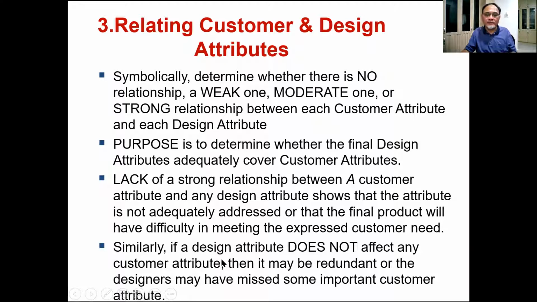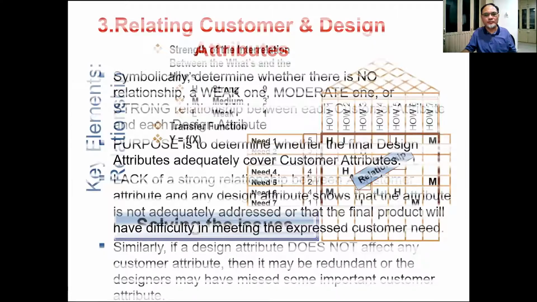And likewise, if a design attribute does not affect any customer attribute, then it may be redundant, because it is not going to improve or increase the customers' level of requirements. The customer doesn't need that attribute.